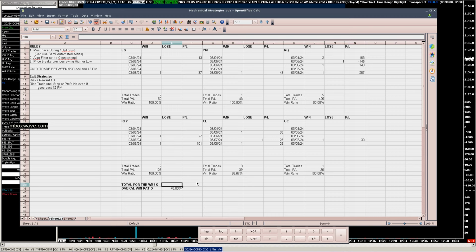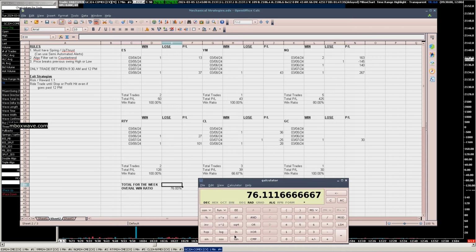Total for the week, well, the tick values are different for different instruments, but if we want to count how many ticks we've got, that'd be a good one. So total profit loss: we got 50 plus 43 plus 50 plus 43 plus 425 on the Nasdaq, plus 128 on the RTY, plus 39 on the crude and plus 30.